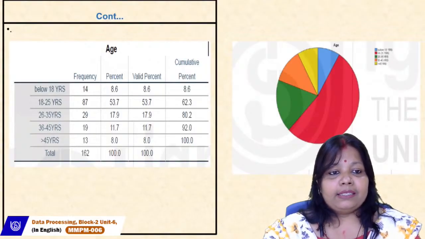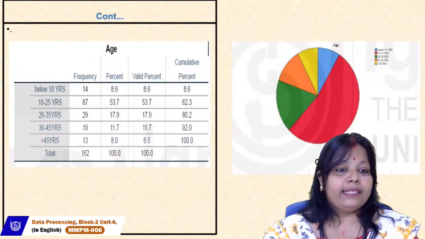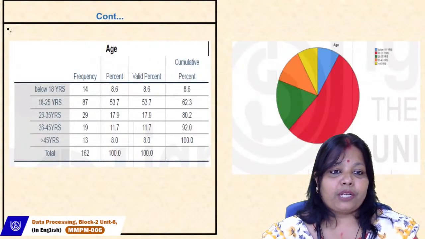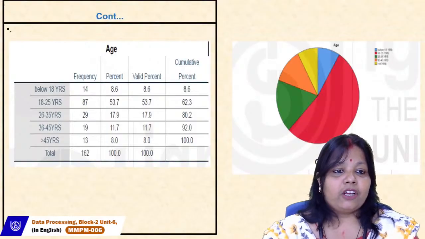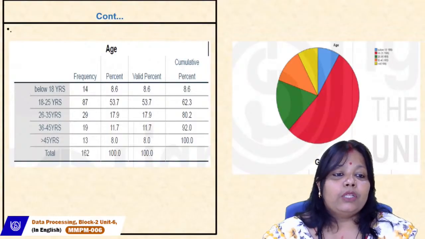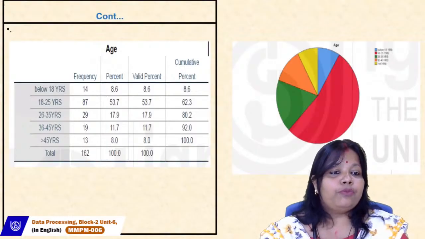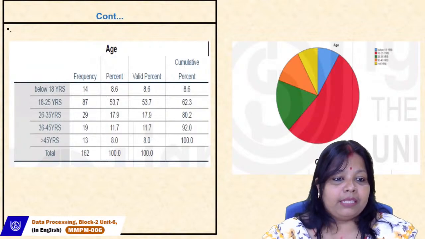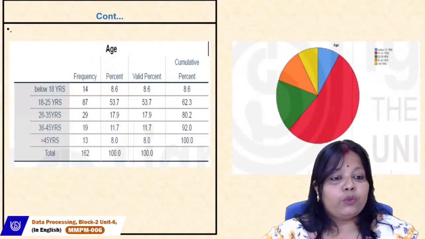We can clearly see here below 18 years, the frequency against this term is 14. It says 14 people are there who come under the age group below 18 years. And then 87 means 87 persons are there who come under 18 to 25.